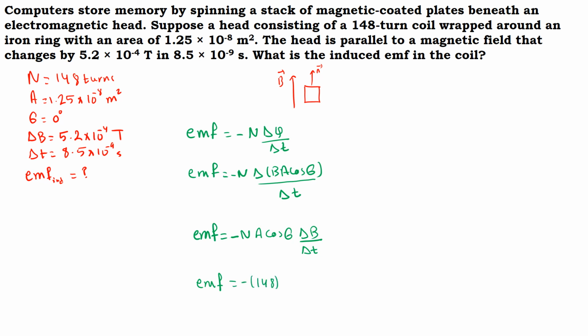Now we replace: EMF is equal to minus 148 times 1.25 times 10 to the power of negative 8, this is the area, times cosine of 0, times delta B, which is 5.2 times 10 to the power of negative 4, over delta T, which is 8.5 times 10 to the power of negative 9.